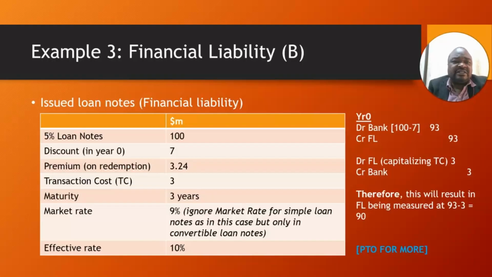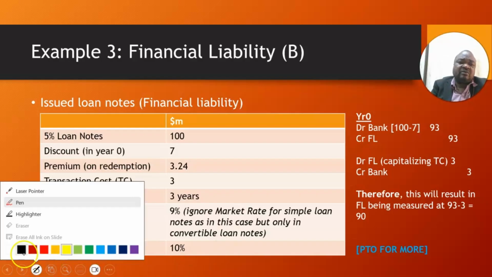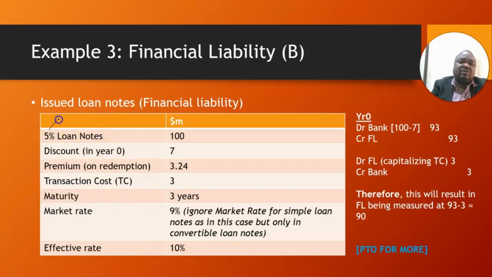Let us again look at this example where we have got a loan note, a 5% loan note, and we now know we are now comfortable with these figures. This is the coupon, the constant amount to be paid every year, and which is the 5% of the nominal value of 100. The discount near 0. Okay, we have issued the loan notes at a discount of 7 million, right?